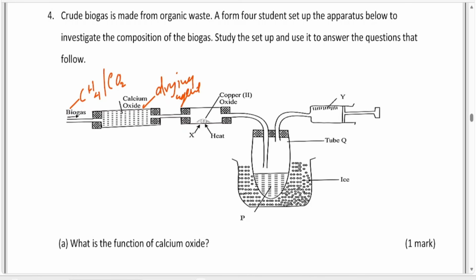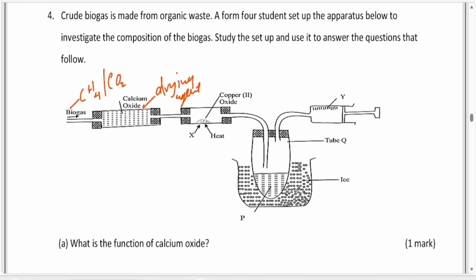This one is just to dry this particular biogas. And then it's passed through copper 2 oxide, and a reaction occurs there. It is the reduction of copper 2 oxide that leads to formation of copper solid, which is a brown substance.